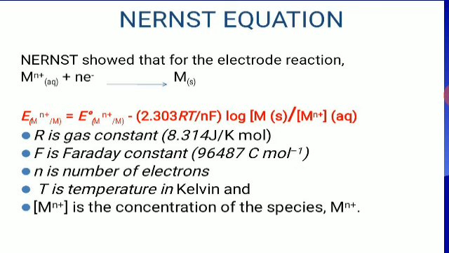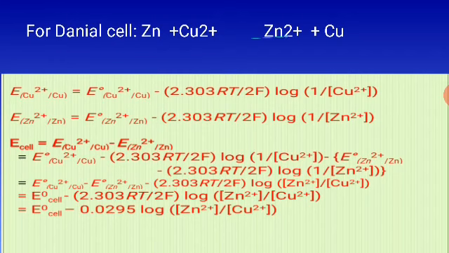This is for the half cell, and if I use it for the Daniell cell, it will give the E naught for one half cell and the E naught for the second half cell, the oxidation half and the reduction half. Then we have to separate these two half equations.